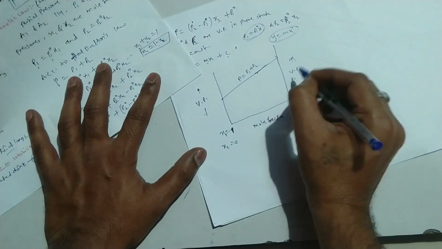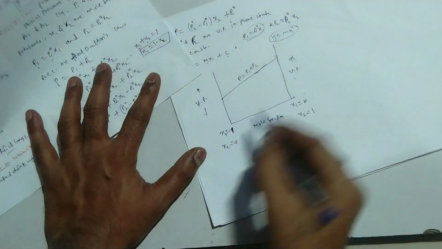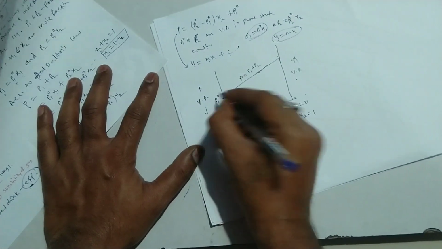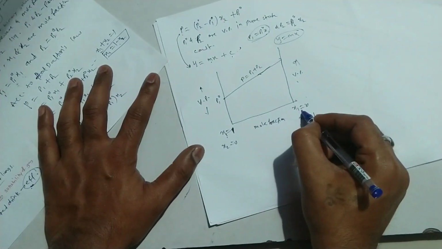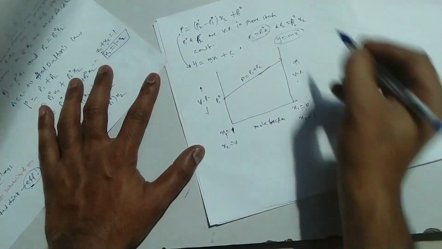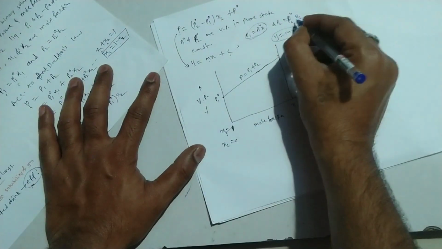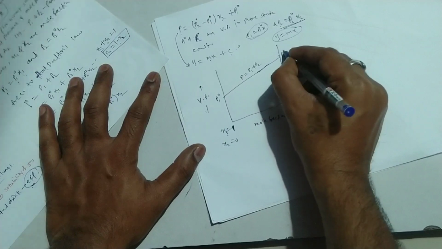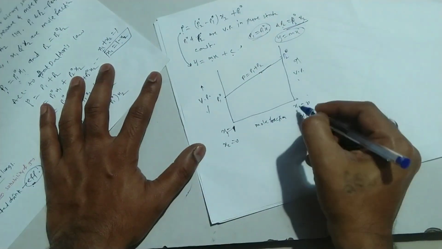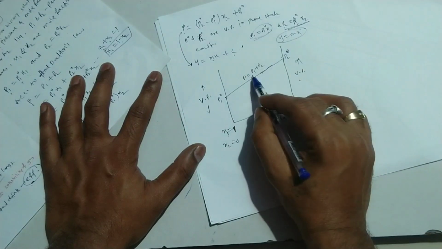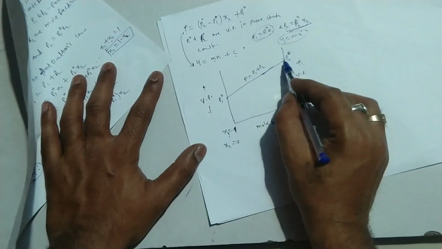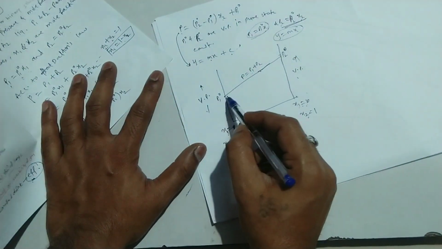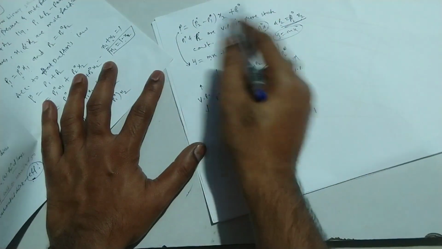If we put x1 equal to 1, we get P1⁰. If we put x2 equal to 1 in the other equation, we get P2 is equal to P2⁰. If x1 is equal to 0, then P1 is 0 from this expression, and for x2 equal to 0, P2 is 0.